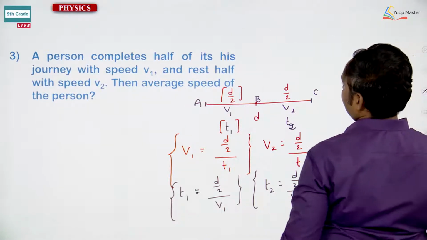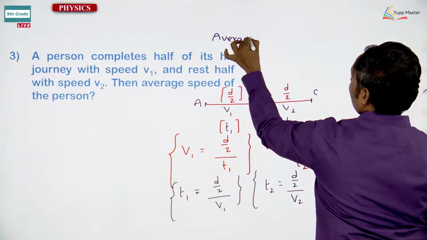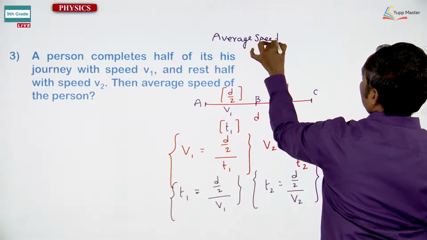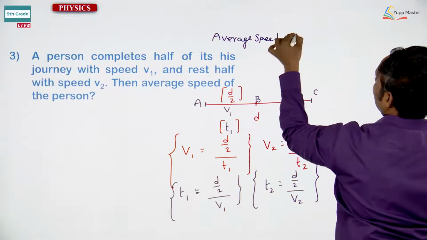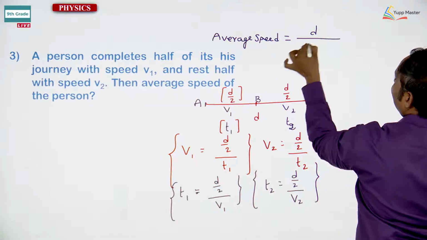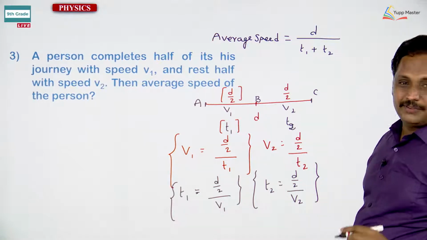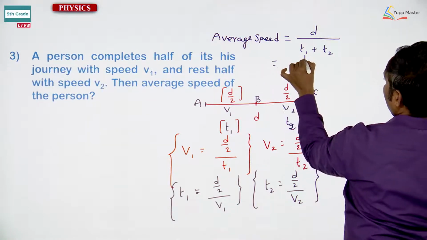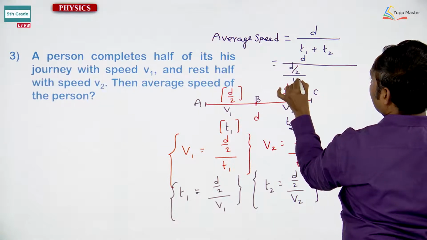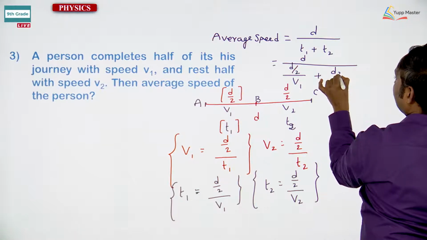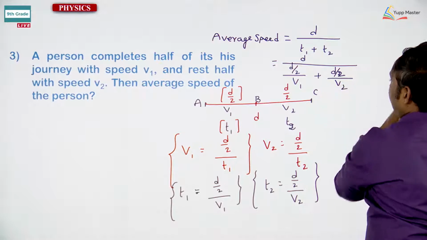Therefore, average speed is equal to d by T1 plus T2. Just substitute: d by, d by 2 whole upon V1 plus d by 2 whole upon V2.